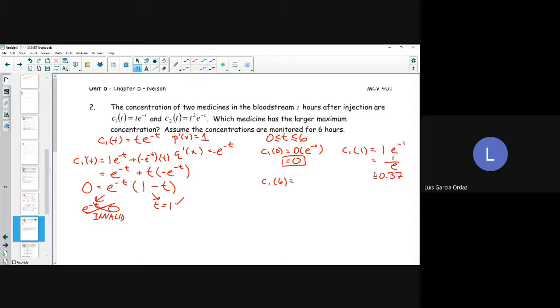So that's fine. Can someone tell me what happens with C1 when I sub in 6 for T? All right. It is approximately 0.015. So I'm looking for the highest or maximum concentration. What is my max for my first medicine?